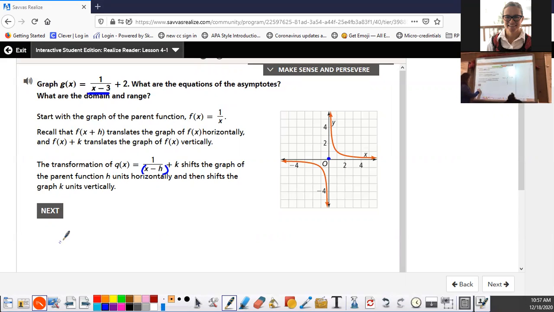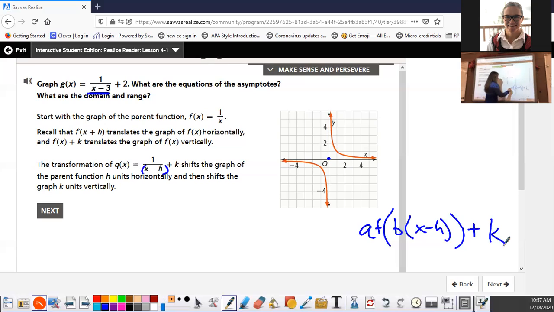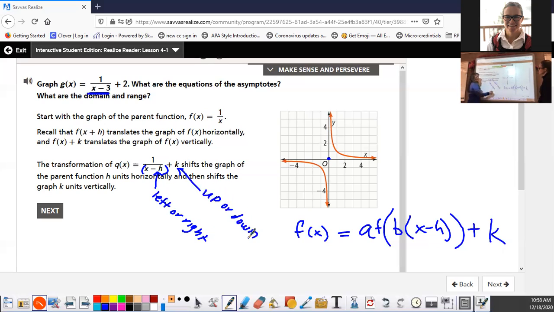Let me just write it: a, then f, then b(x minus h), and then plus k. This is still the same thing, except x minus h is now in the denominator instead of in parentheses. So this is going to move it left or right. And the k is going to move it up or down, just like it always has been.